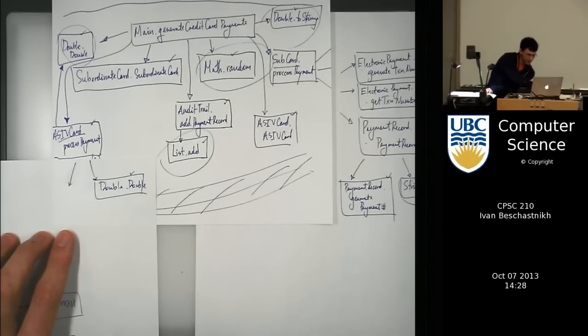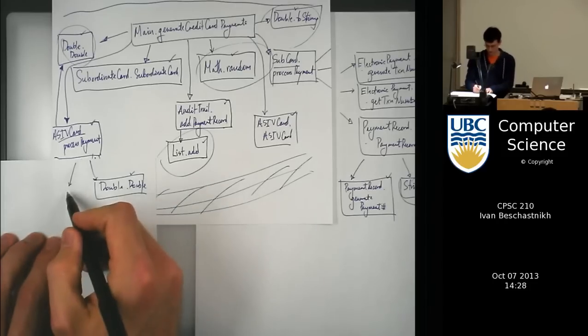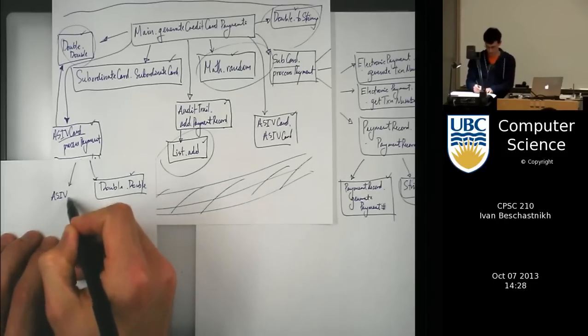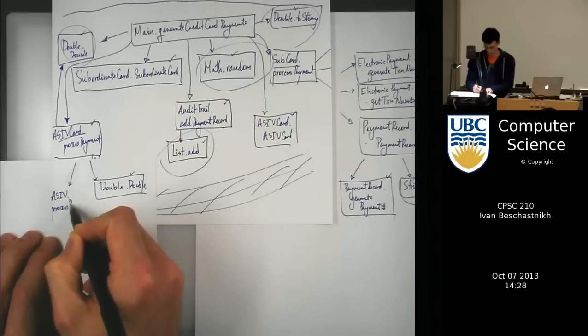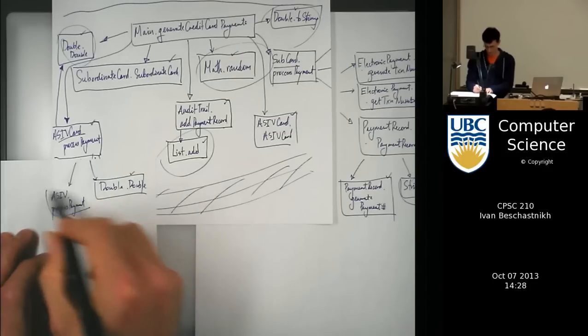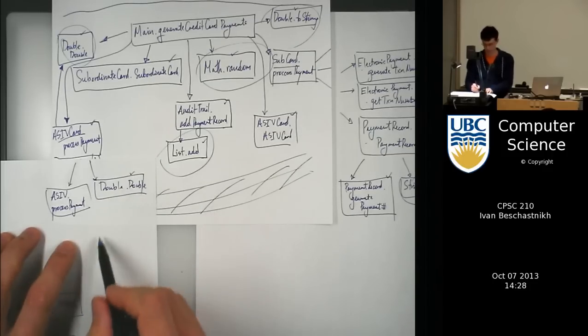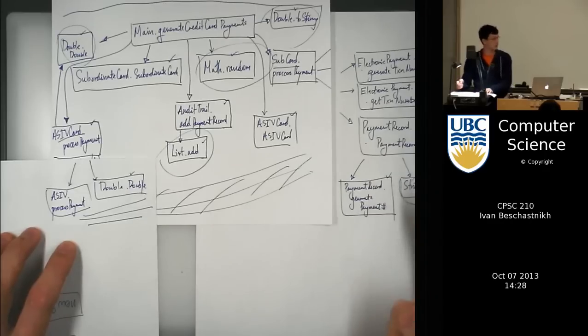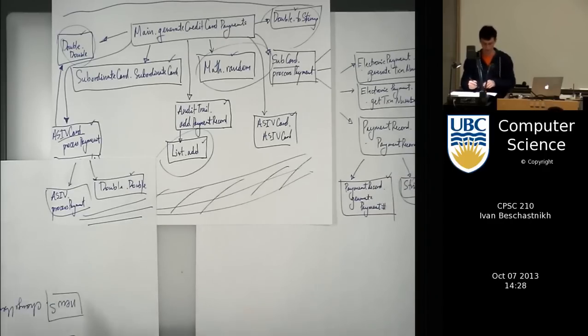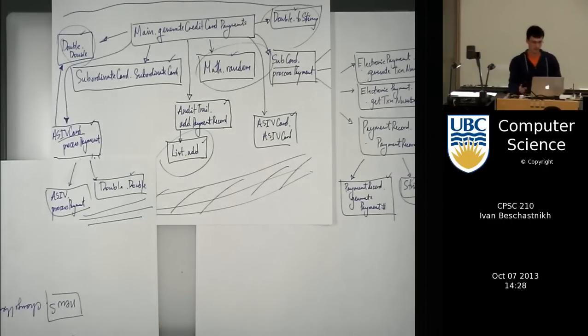And then that does these three things, right? So you have this node, and then it points this way to those three. Okay? So it's one level of indirection because you essentially overloaded process payment to take a string and a double, right? And then the string version will just create a double out of the string and then call the double version. So add one more layer to the hierarchy.